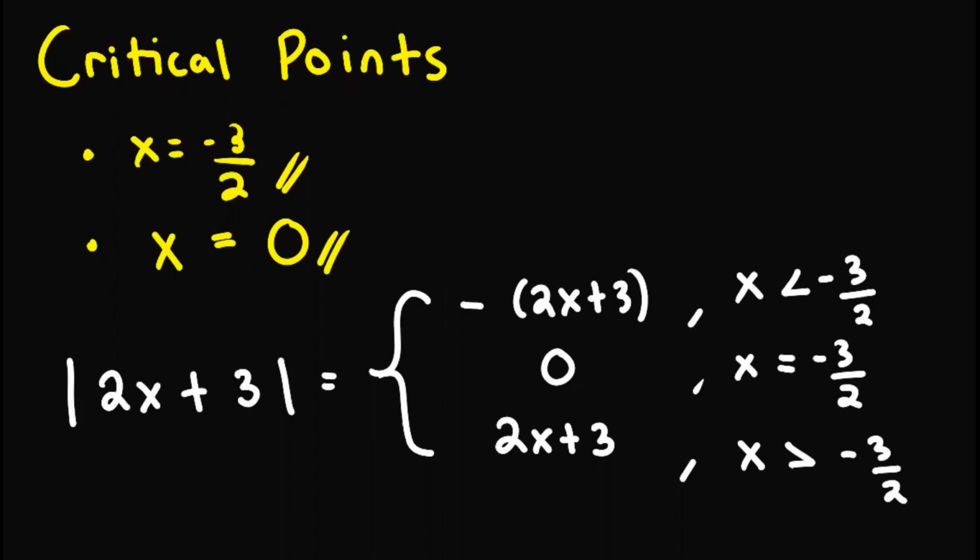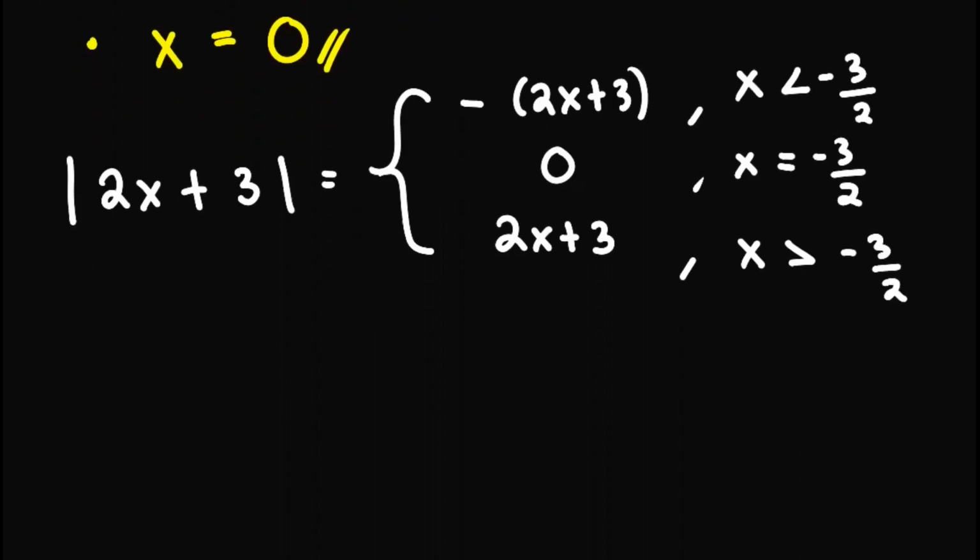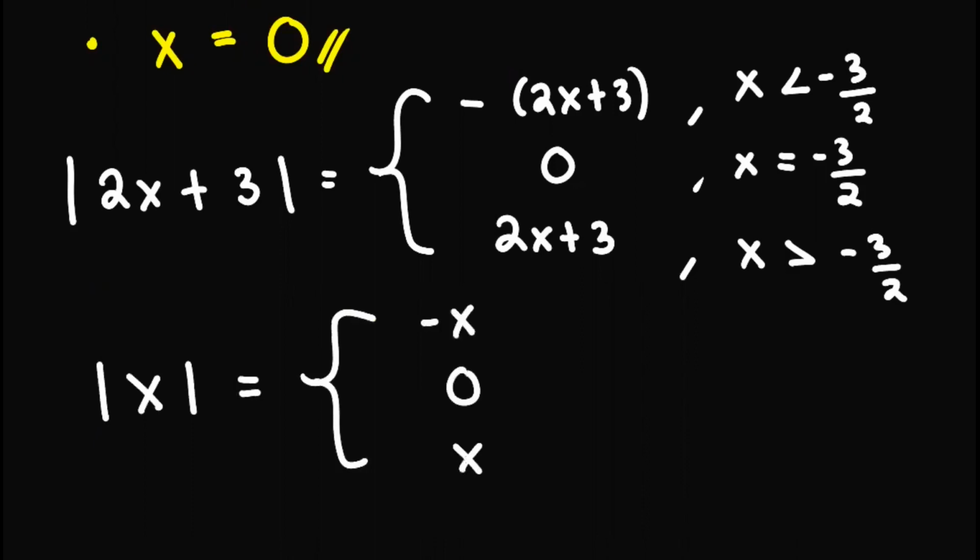For the next one, for x equals 0, let's move it out here. We simply have the absolute value of x is equal to 0, negative x, and x, for at x equals 0, at x less than 0, and at x greater than 0.